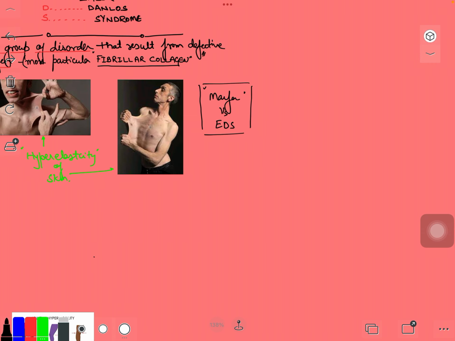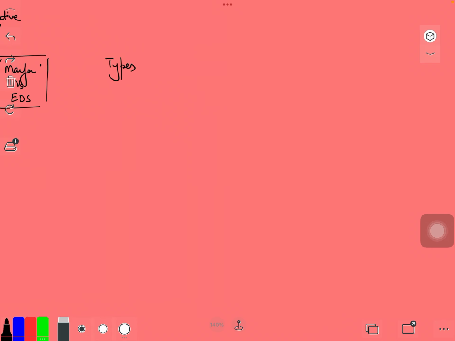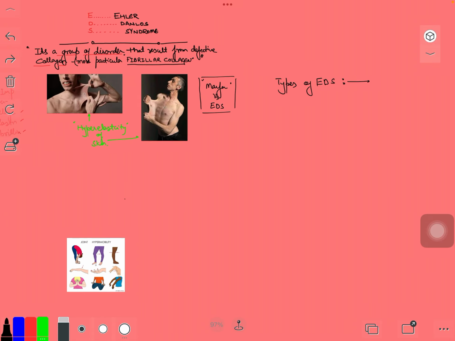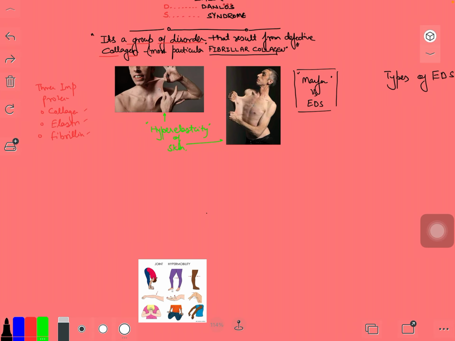So EDS has various types of Ehlers-Danlos syndrome. Before jumping to the types, I want you to understand that all the different types of EDS have some classical features. Few features remain constant.